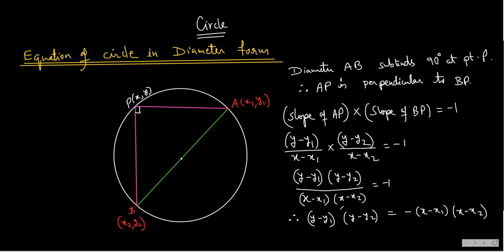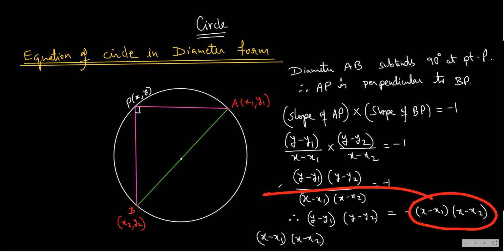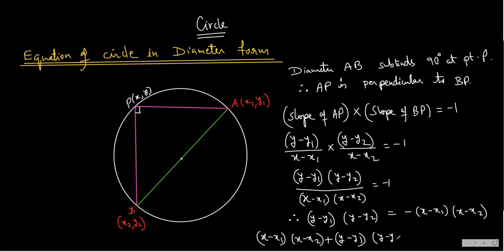Okay, now I shift everything on the left hand side. So when I shift this whole thing on the left hand side, that will become positive. I get X minus X1 into X minus X2 plus Y minus Y1 into Y minus Y2 is equal to 0.